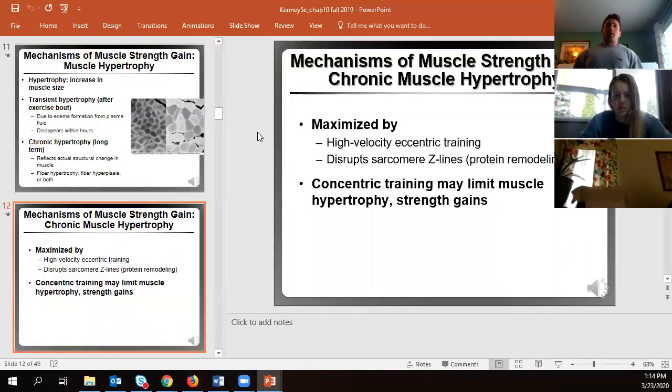Now, how do we maximize it? Well, it turns out doing very heavy eccentric loads and doing things that cause damage to the Z lines. We're going to be doing concentric training also, so it's not just the lengthening of the body under load, but the contraction. Metabolic byproducts are going to be a signaling methodology. Hormones are going to be a major causative factor, along with total work the muscle does and mechanical tension it's being exposed to.